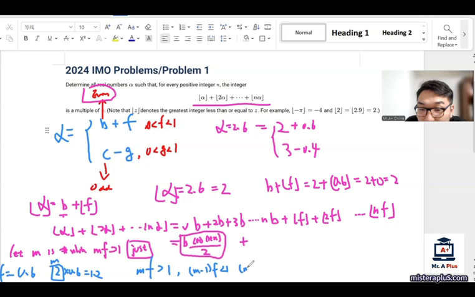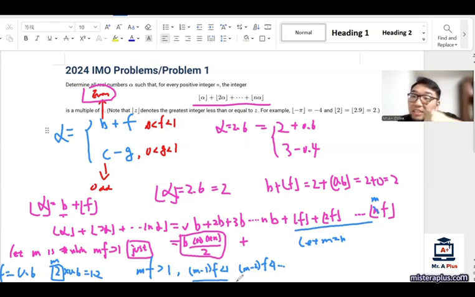What about M minus 2? That's gonna be less than 1 as well, dot dot dot. Which means all the terms before, besides the last one, because we let M equal to N, right? So this will be M. Every term before the last term will be less than 1.